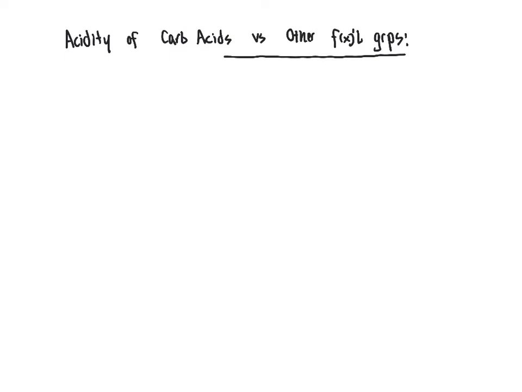We can compare the acidity of carboxylic acids relative to other types of functional groups that we have learned about by taking a look at their relative pKa values. What I'm going to do here is list some typical pKa values.